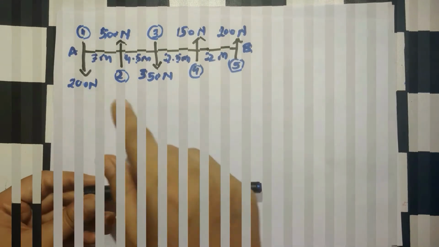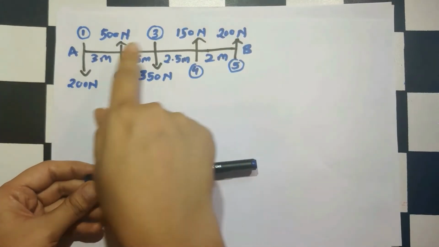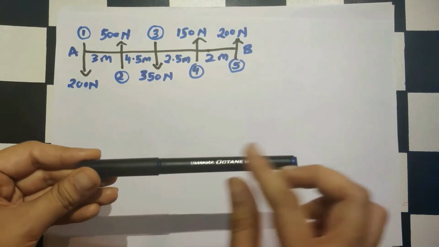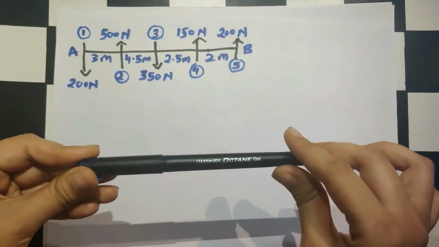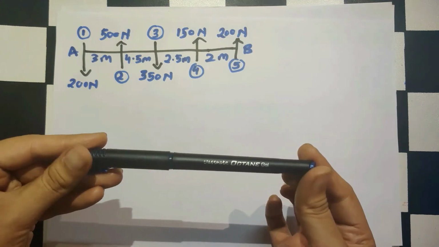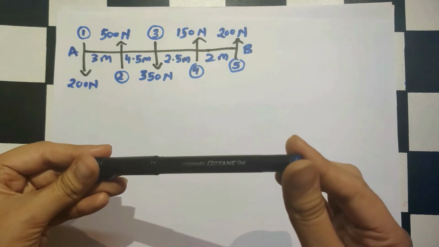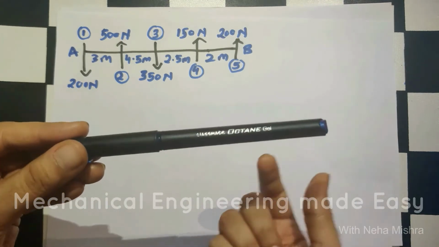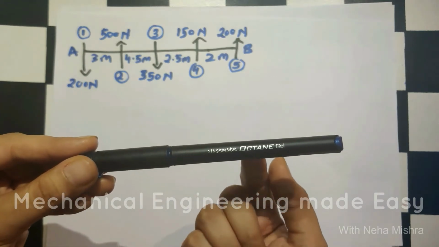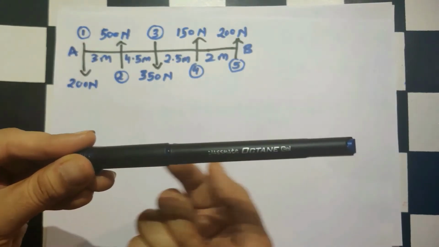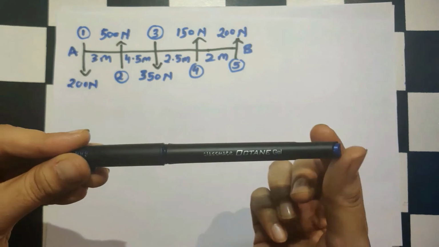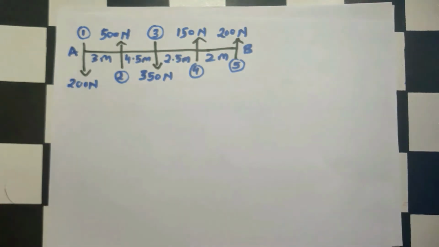So we will take here the moment of all the forces with respect to point A. That means all the forces with respect to point A, how much they were rotating, will be the same as the resultant force with respect to point A. The moment of the resultant force with respect to point A. Understood?